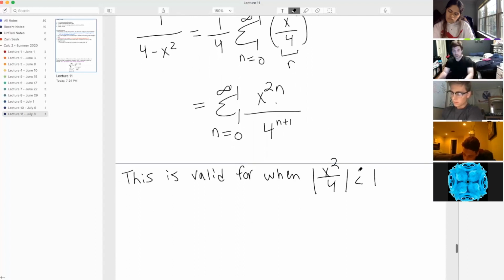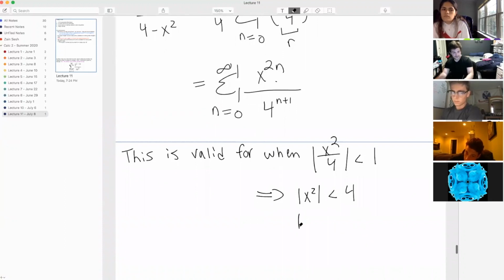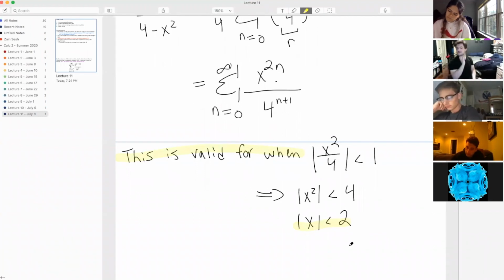Now we can solve this very simply. This is the same as the absolute value of x squared being less than 4. Multiply both sides by 4. And this is the same as the absolute value of x being less than 2. So this is valid for when the absolute value of x is less than 2.